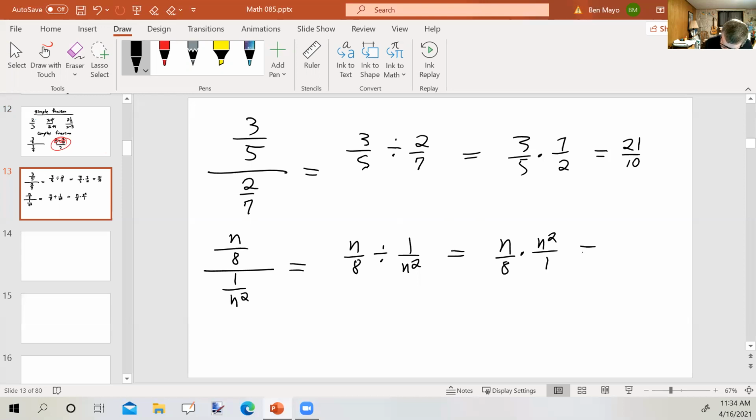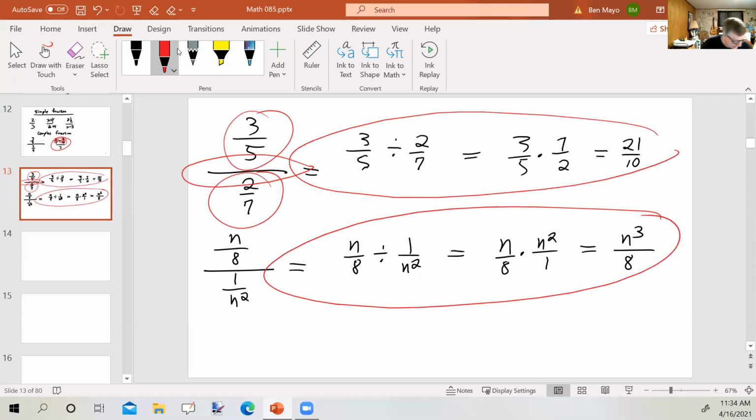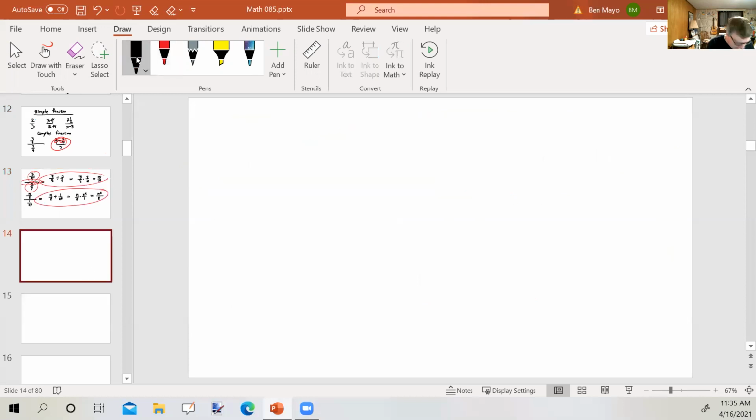And then multiplying straight across, we get n cubed over 8. So when we have a single fraction divided by a single fraction in the form of a complex fraction, we can use this process. Now, what if things get more complicated?